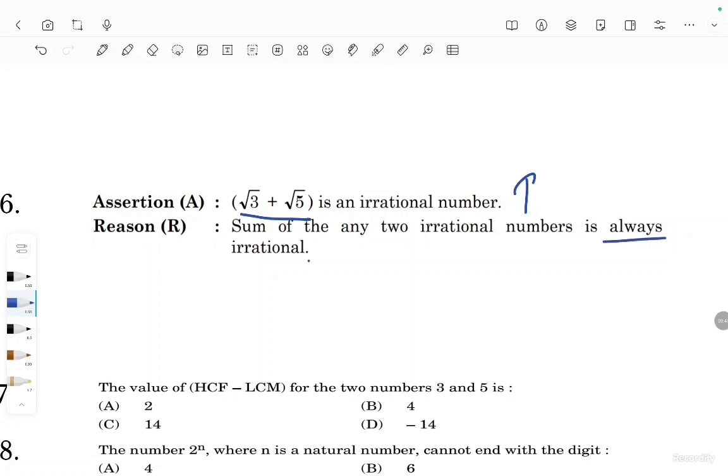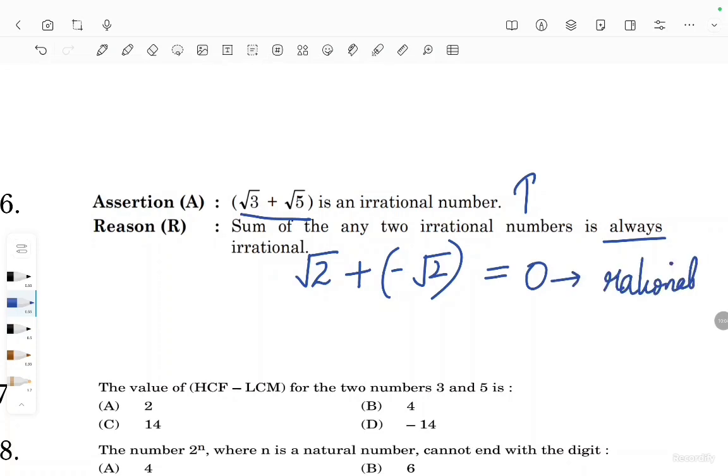No, it is not true. I can give you an example. Root 2 plus minus root 2. One number is root 2, one is minus root 2. When you add them, you will get 0, and 0 is a rational number. So the reason is false. Assertion is true and reason is false. Done.